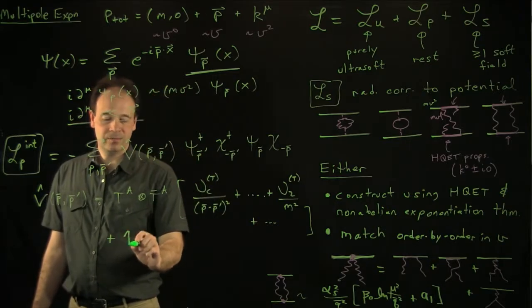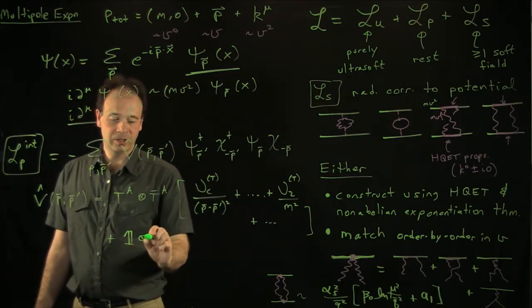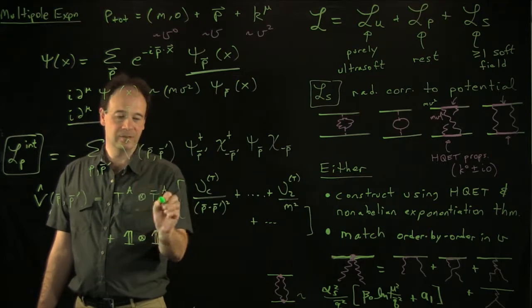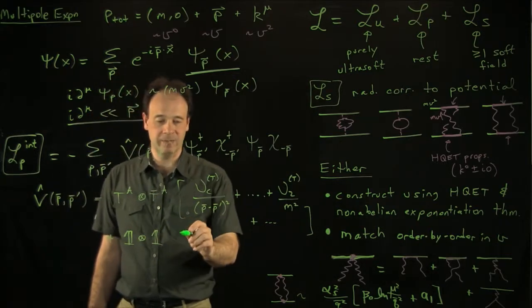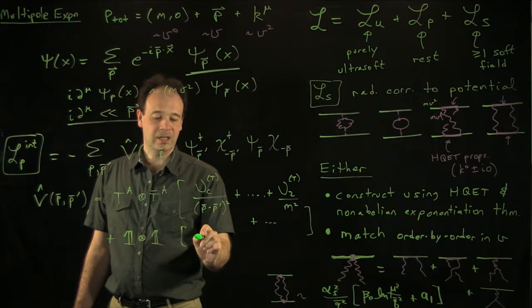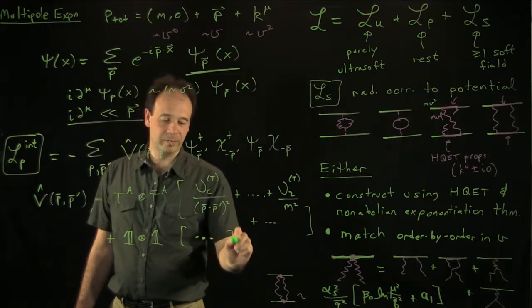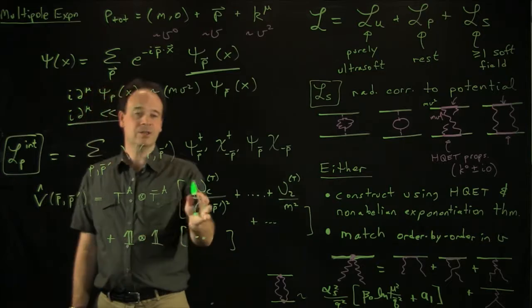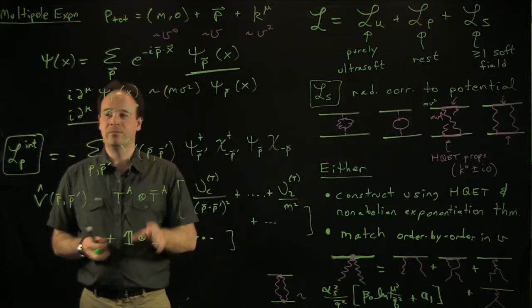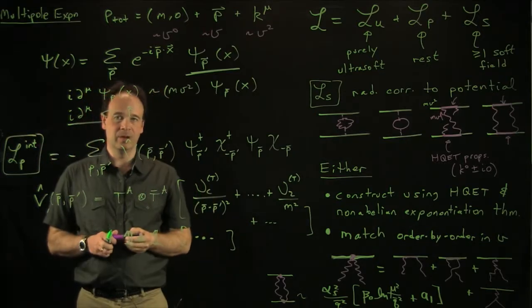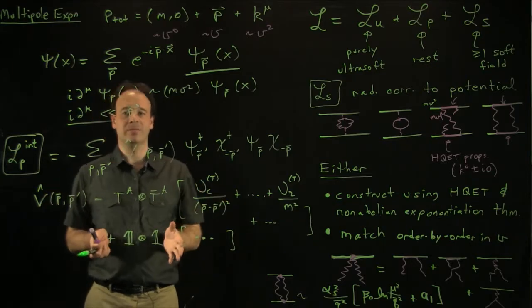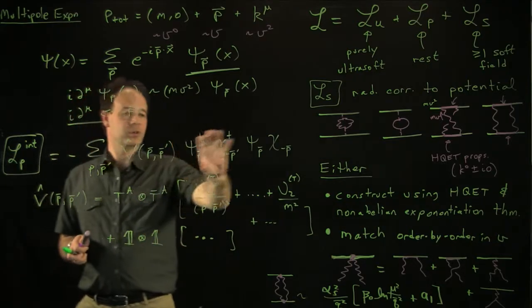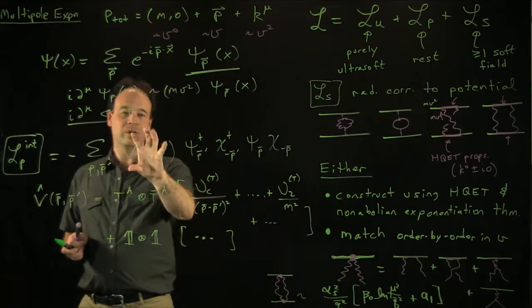Okay, and that would give you a subleading term. And there's 2 ways of getting the color structure. You could also have something called 1 tensor 1 instead of t tensor t, 2 ways of tying up the quarks and antiquarks. And this would give you a similar thing where you could also have a potential with a different color structure. So that's the way I want to think about the L_P interactions of the quarks with a potential type of operator, where we're describing it by these 4 quark operators with a coefficient.